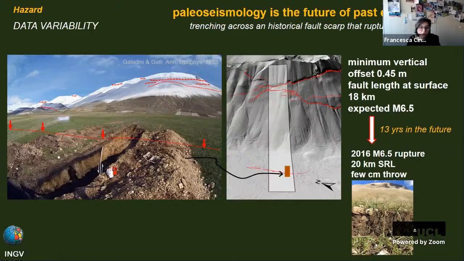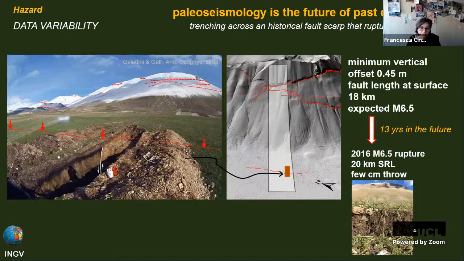The data recorded before the event were pointing to 45 centimeters of minimum vertical offset per event, a fault length at surface of 18 kilometers, and an expected magnitude of 6.5.